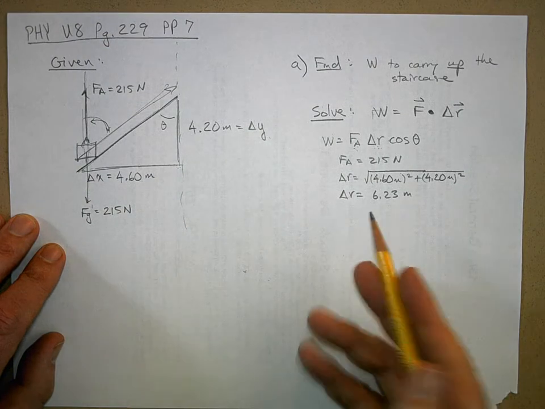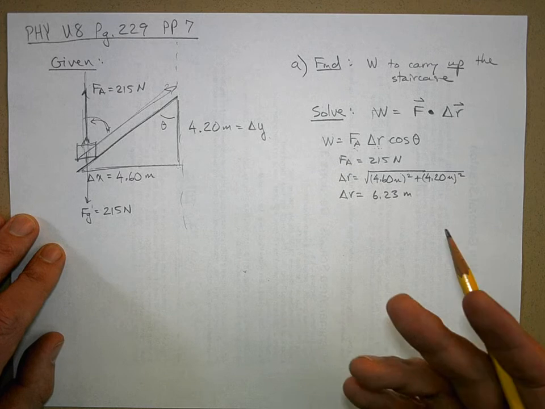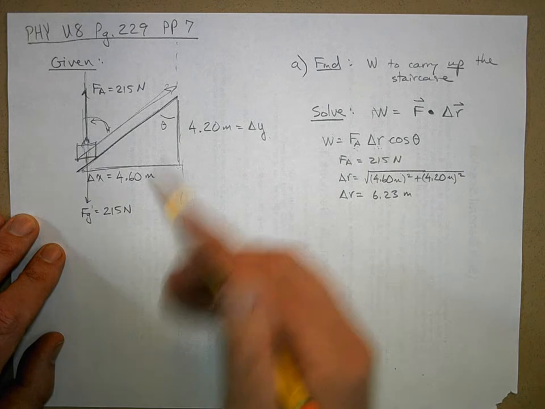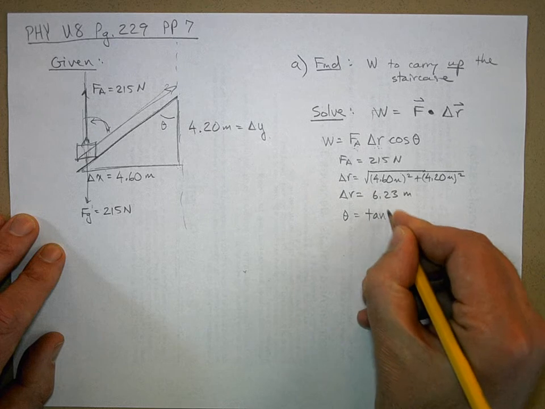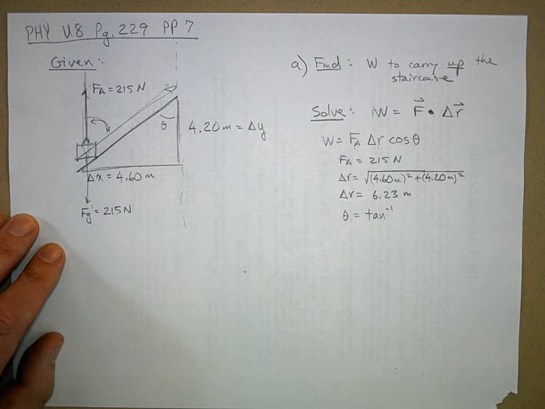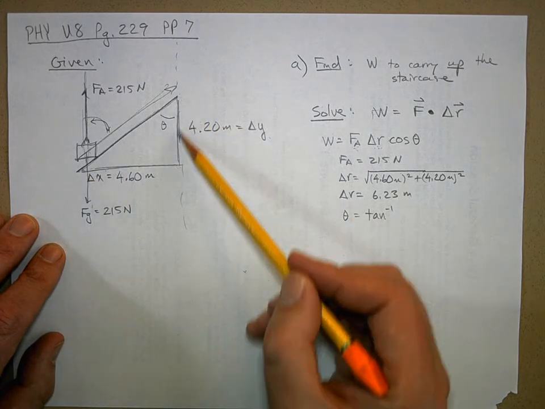I could use delta R and use inverse cosine or inverse sine, but I'm going to use inverse tangent. And now you have to be really careful, because for inverse tangent you do the opposite over the adjacent.